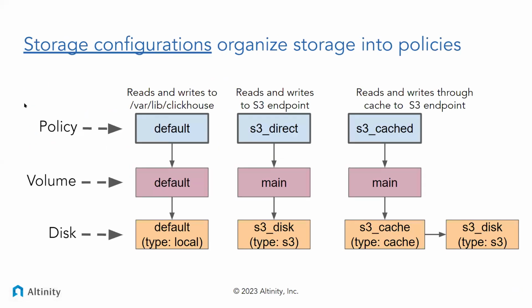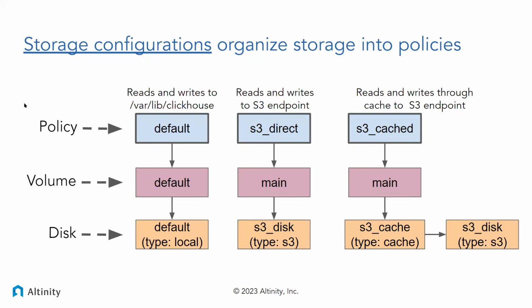So the basic thing that you're going to be doing when you're using merge tree and S3 is setting up what are called storage configurations. Here's a picture which shows how storage configurations work, and they use those things that I just described before. For example, you actually have a storage configuration in every ClickHouse server you run.